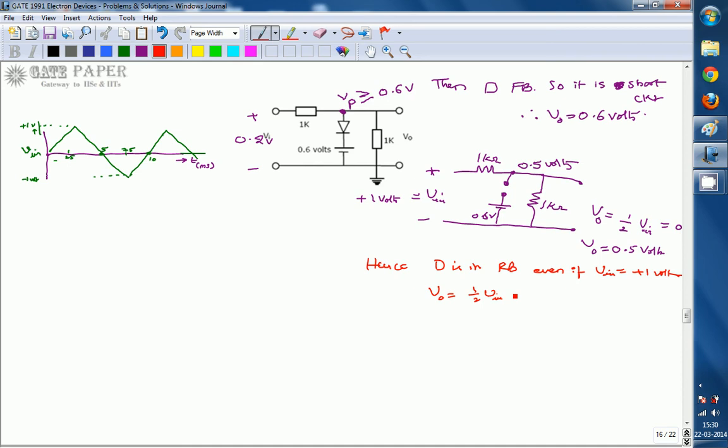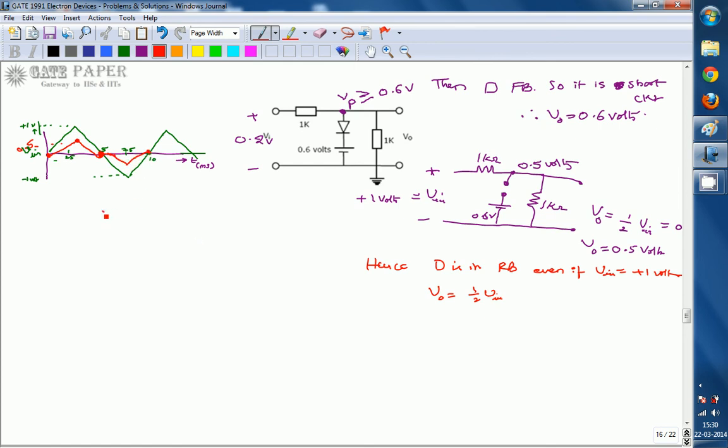So the maximum value during the positive half cycle goes like this. On this diagram, the input is plus 1, and the output reaches only 0.5, then goes towards 0 at this point, and again drops towards minus 0.5.